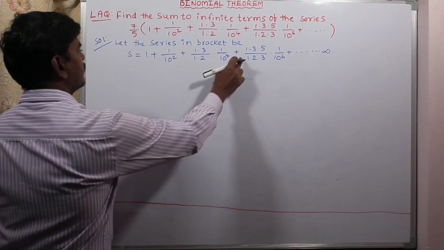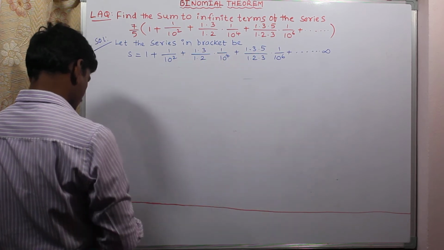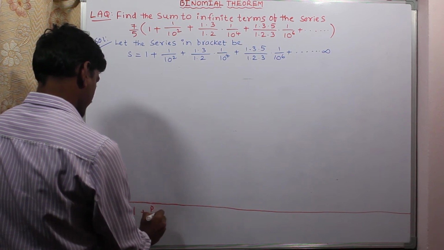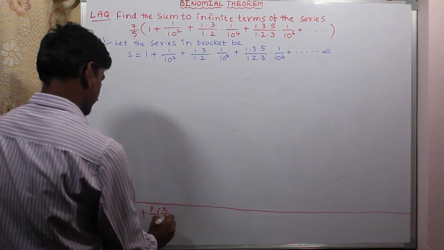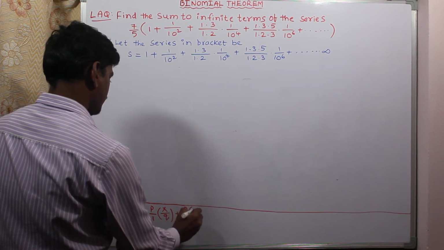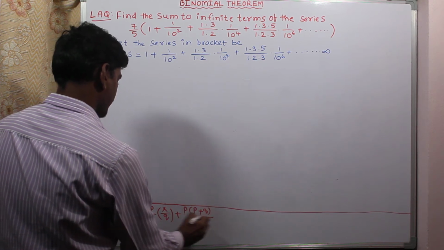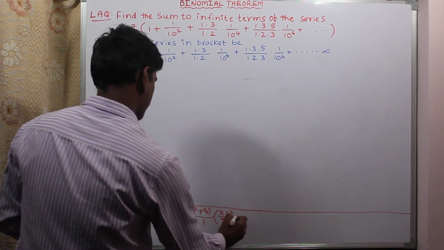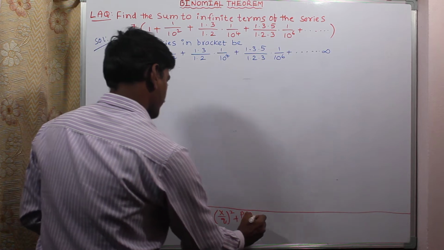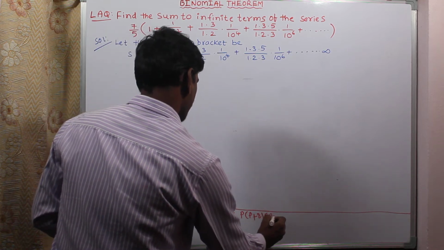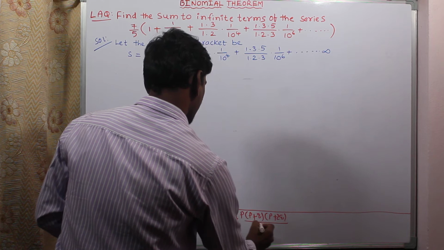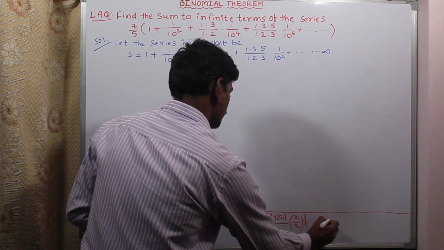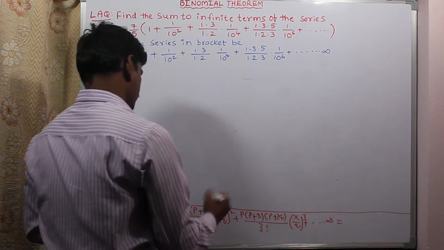Between the terms we have plus, so immediately we should recall a formula: 1 plus p by 1 into x by q plus p into p plus q by 2 factorial into x by q whole square plus p into p plus q into p plus 2q by 3 factorial into x by q whole cube plus so on up to infinity.